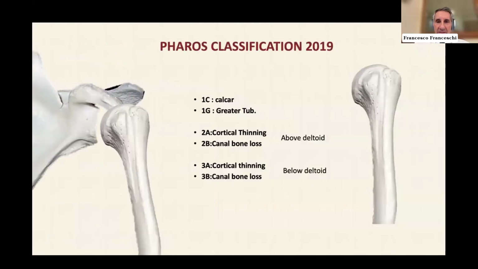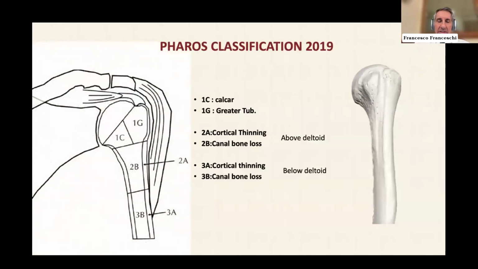The Ferros classification divides the humerus in 3 segments. 1C, calcar, 1G, greater tuberosity. The second segment is above the deltoid insertion, and the third segment is below the deltoid insertion.